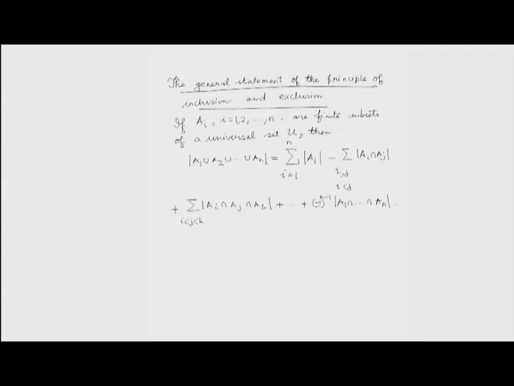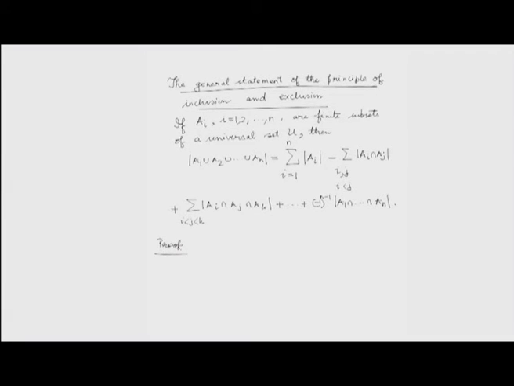Now, this is the general form. Now, the question is how do we prove it? I will give a short argument of the proof. Let me write down the proof.